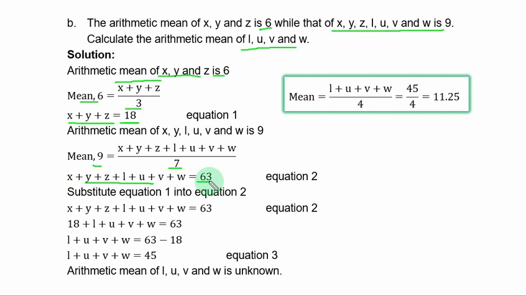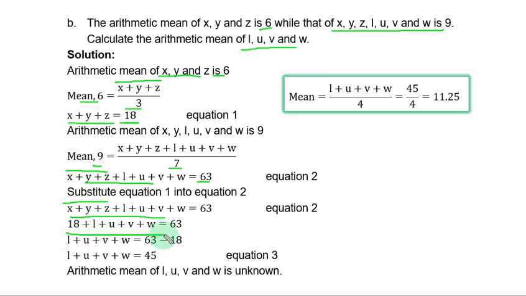If you check very well, part of equation 2 is equation 1. That is, S plus Y plus Z is 18. For that reason, you have to substitute equation 1 into equation 2. So this is equation 2. You replace S plus Y plus Z by 18.